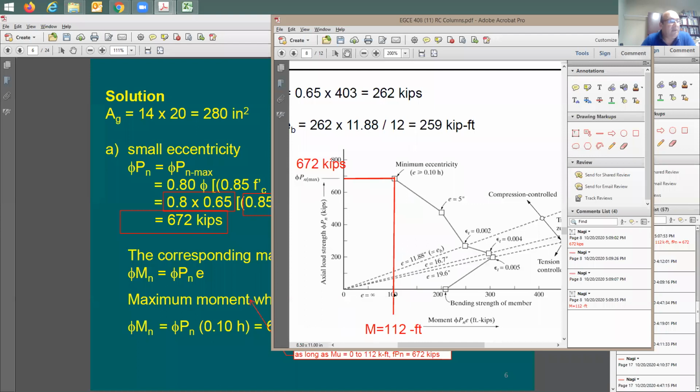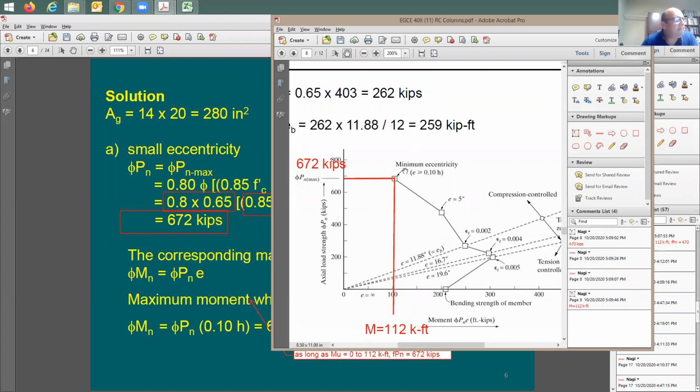So again, as long as the moment capacity ranges from 0 to 112 kF/foot, what happened? The axial load capacity remains 672 kips. Very good.